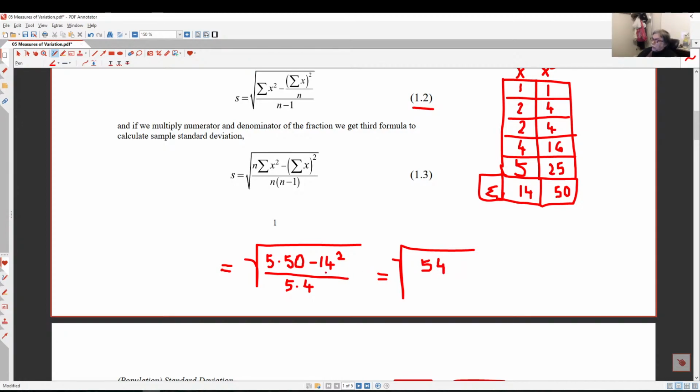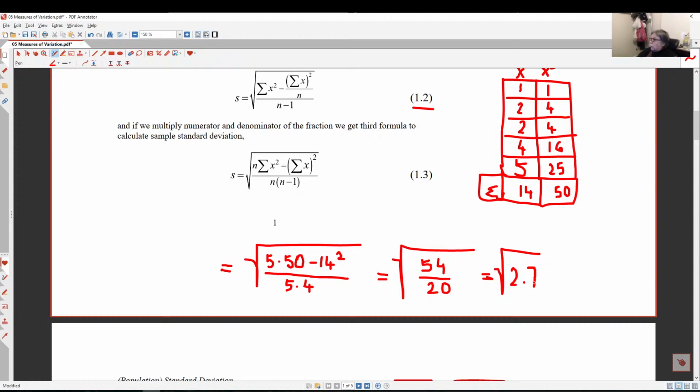Okay? So again, you should check that out. 250, 5 times 50 minus 196. So that's 54. Divided by, down there we have 20. So 54 divided by 20 is, we already had that before, 2.7. So that's the variance. Without the square root, it's just a variance.